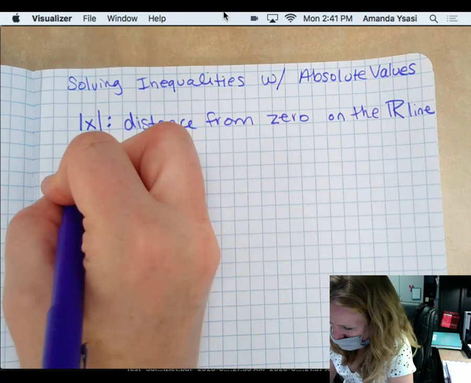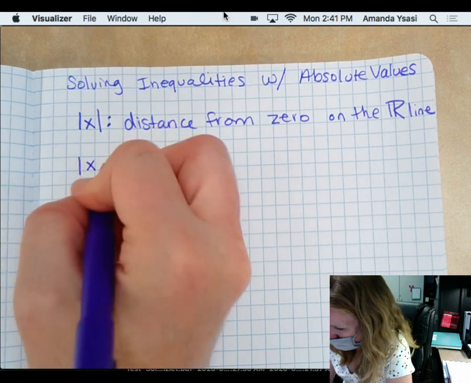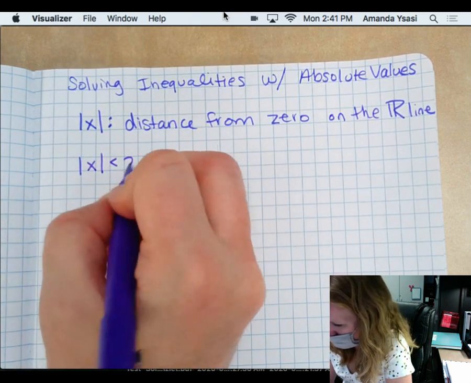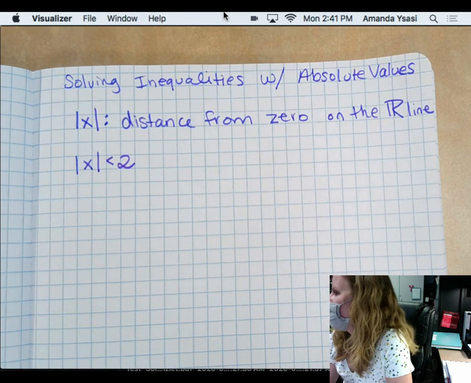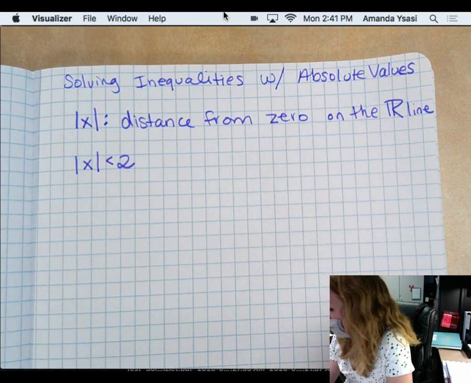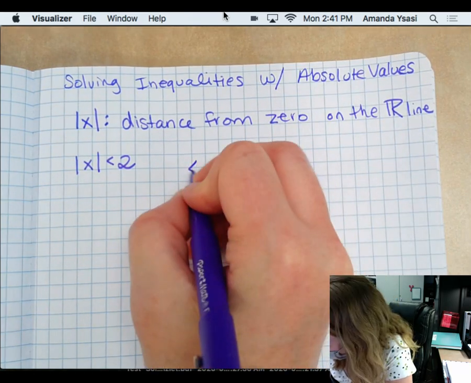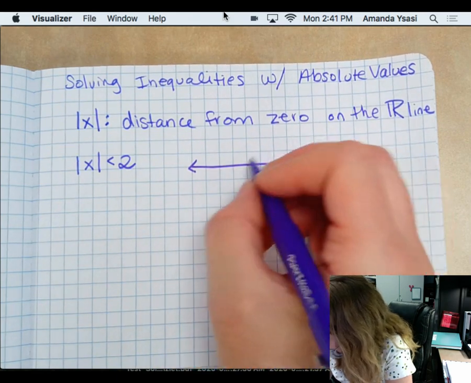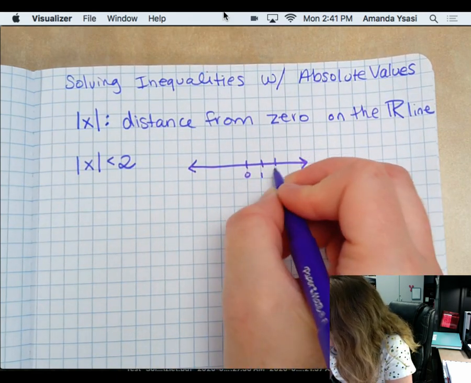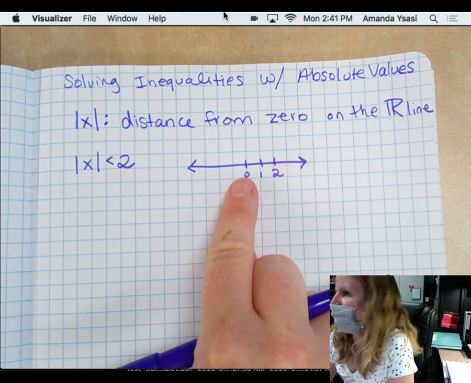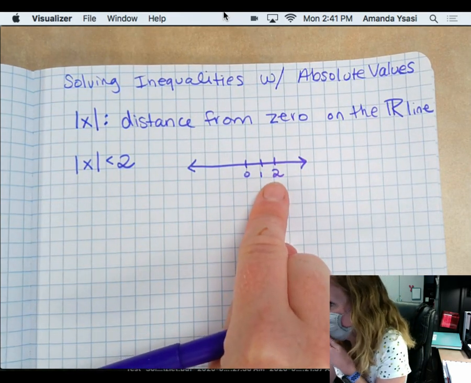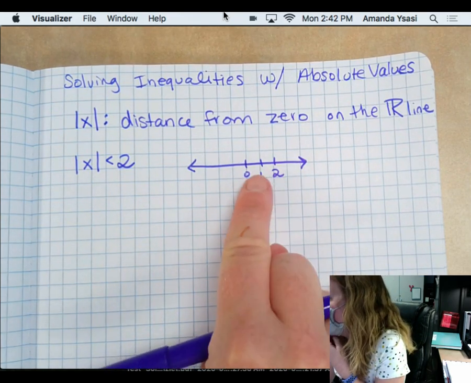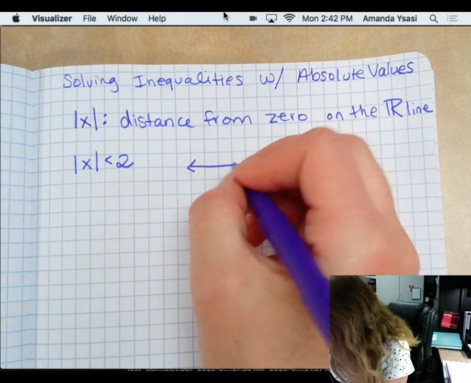So then we would do an example where it says the absolute value of x is less than 2. That means the distance from 0 is 2. So the way you'd write this on the number line, 0, 1, 2. So you could be above 0 by 2 or below by 2 units.